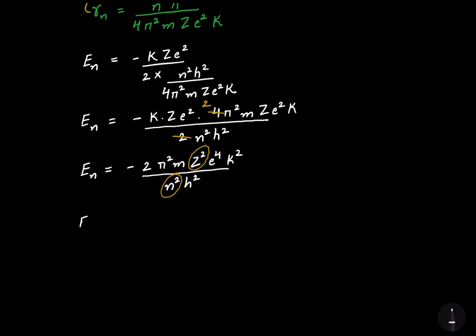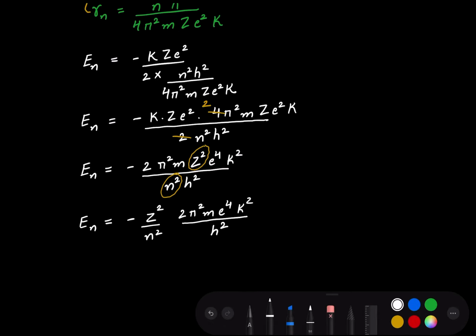Energy in nth orbit comes out to be minus z square over n square times 2 pi square m e to the power 4 k square divided by h square.